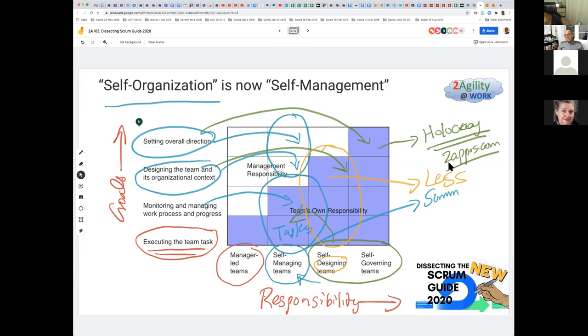For us, the Scrum team is always accountable and responsible either way. Now, if you look at the word in this chart, it's always about responsibility. We have management responsibility and the team's own responsibility. But in self-managing and self-designing teams, you can't force responsibility on the other player. So you can't force accountability. Responsibility is always through volunteering.